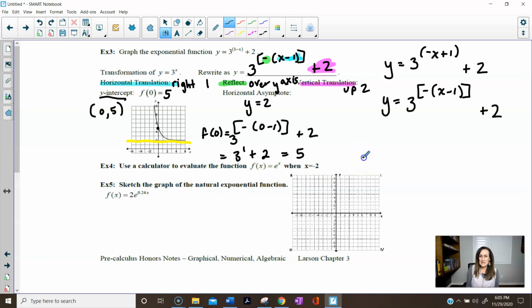So f of -2 is equal to e raised to the -2 power. So we can throw that into our calculator. Without a calculator, this negative, we could write it as 1 over e squared. And then I'm going to use my calculator to evaluate e to the -2, or 1 over e squared.